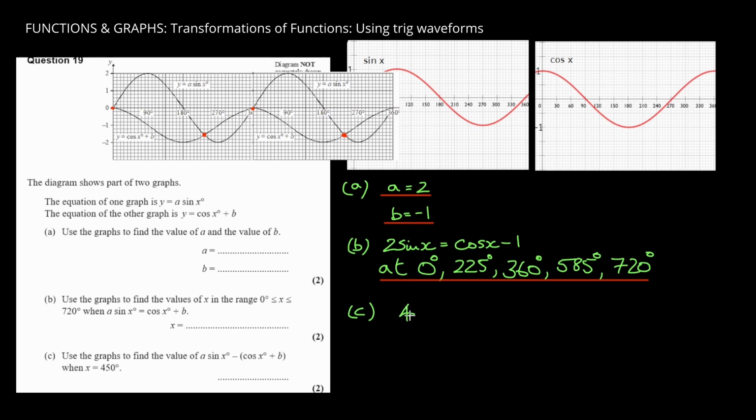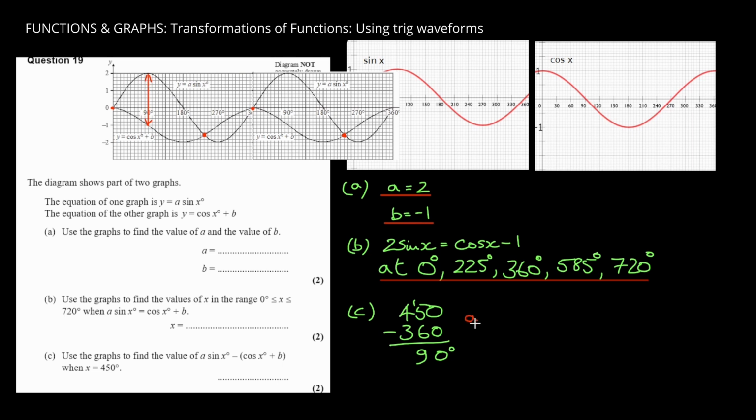So what is 450 take away 360? It's 90 degrees. And this is the sine graph, and this is the cosine graph. So we're taking away the lower line from the upper line.